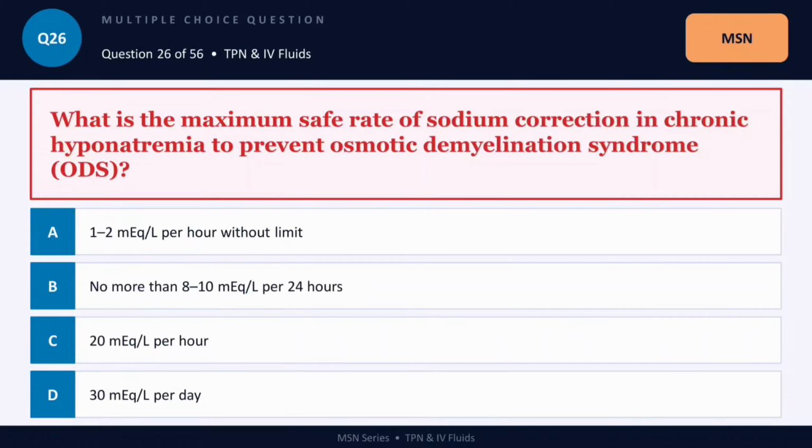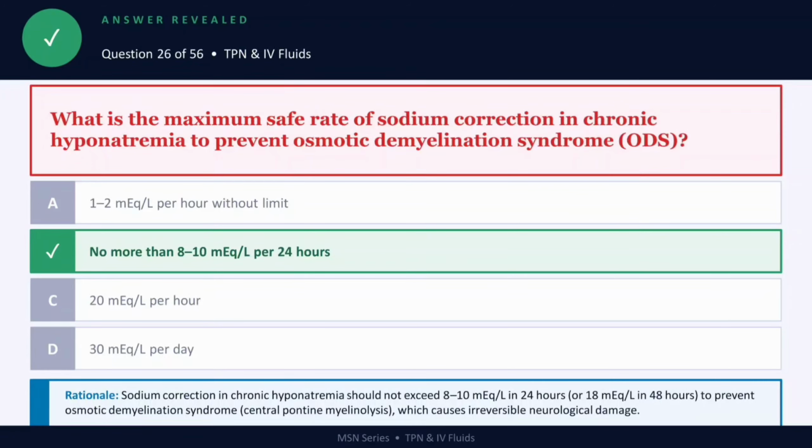Option D, 30 mEq per liter per day. The correct answer is option B, no more than 8 to 10 mEq per liter per 24 hours. Rationale: sodium correction in chronic hyponatremia should not exceed 8 to 10 mEq per liter in 24 hours to prevent osmotic demyelination syndrome, which causes irreversible neurological damage.